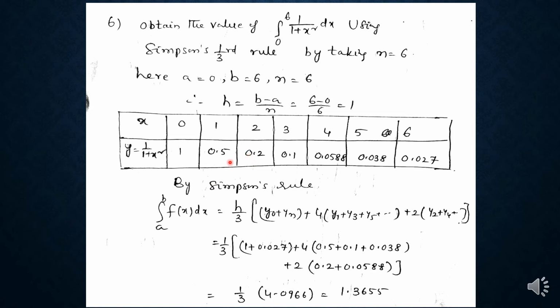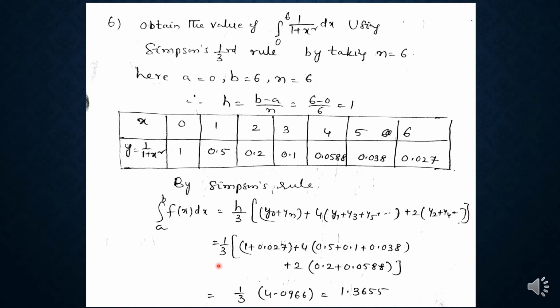So these are the even ordinates, y2 plus y4. These two are the even ordinates. y6 is also an even ordinate, but this is the last ordinate. Already we took the last ordinate in the first term. So that is y2 plus y4, 2 into 0.2 plus 0.0588.